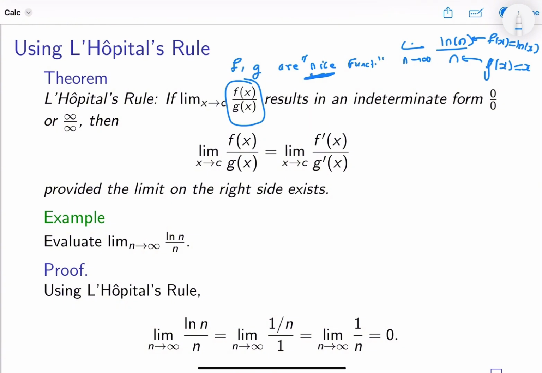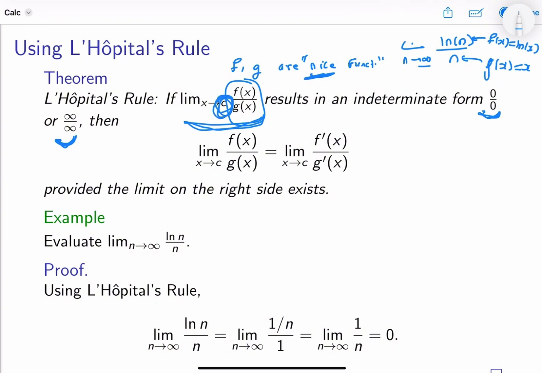So if you want to compute the limit of such a ratio, and when you plug the value of x, for example x equals c or x equals infinity, this has the form 0 over 0 or infinity over infinity. We're going to do a quick example right now, but stick with me.